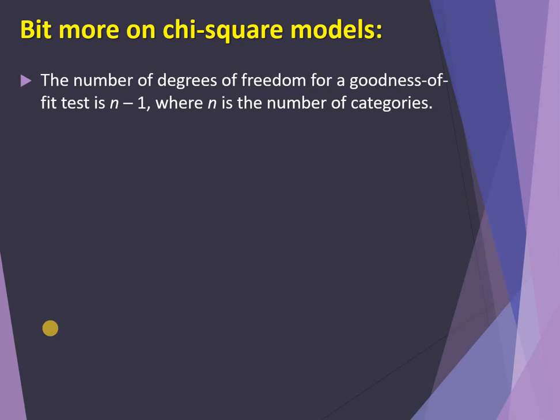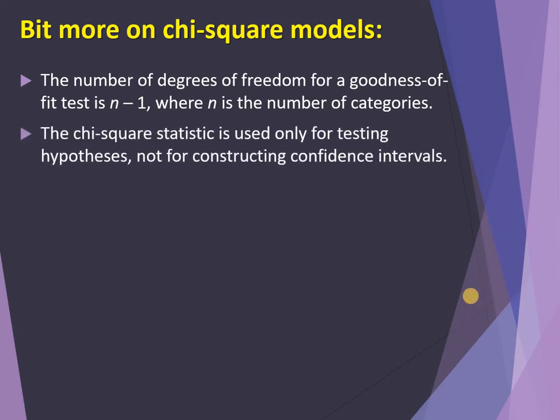How good does your data fit the model? For a goodness of fit test, the degrees of freedom is n minus 1, where n is the number of categories. So if I were to talk about M&Ms, n would be the number of colors.